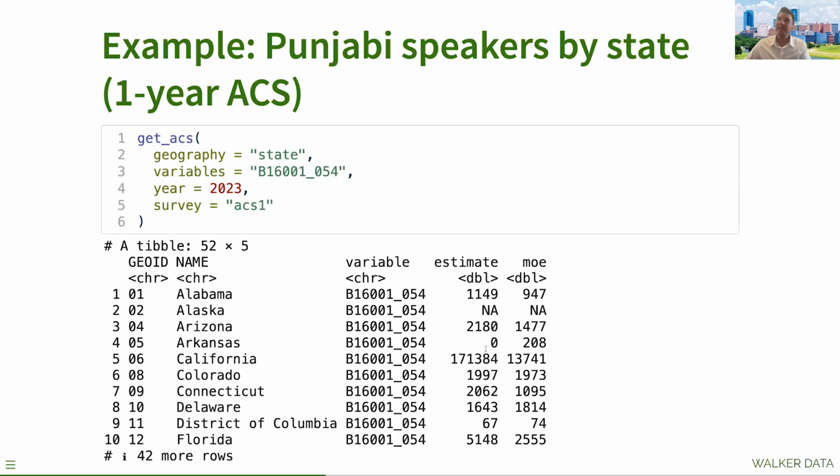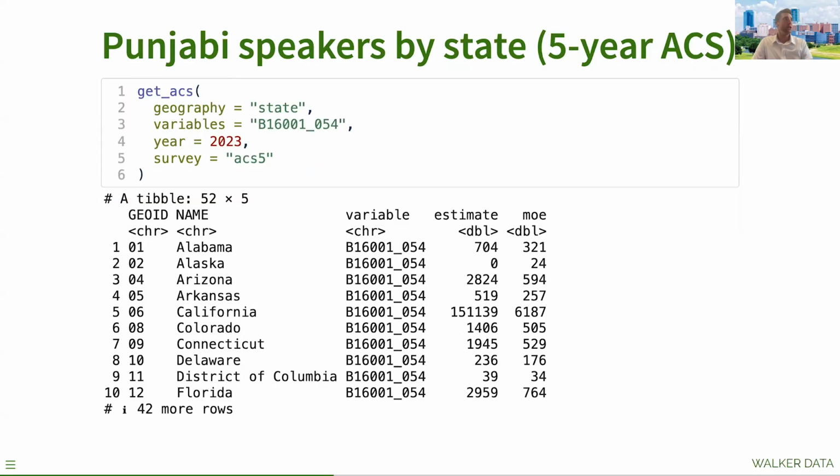And you're saying, well, we need to know how many Punjabi speakers there are right now in the state. Well, you might be okay looking at the 1 year ACS. That's going to be as recent as possible. But if you're just interested in comparing states and you want some more statistical reliability, you can use the 5 year ACS for the same thing. And that's going to get you some more reliability. So for Arkansas, instead of getting 0, we get 519 with a margin of error below the estimate.